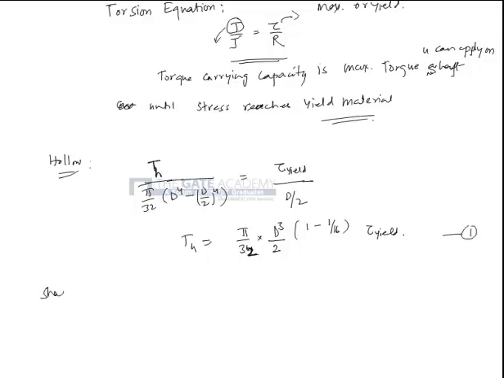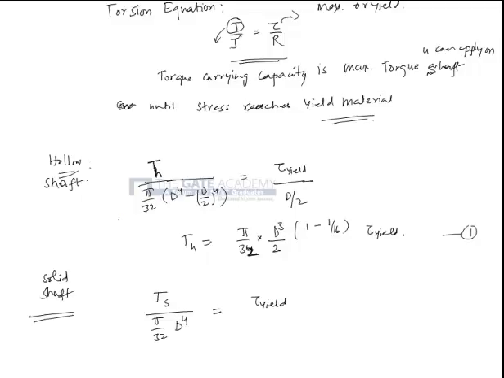Now similarly, if I apply for the solid shaft, TS by J is pi by 32 into outside diameter to the power 4, the same outside diameter, and tau yield.